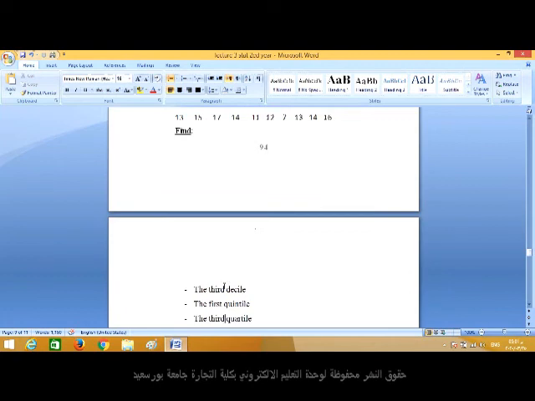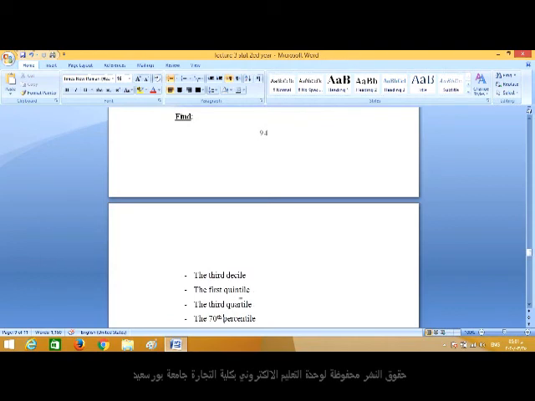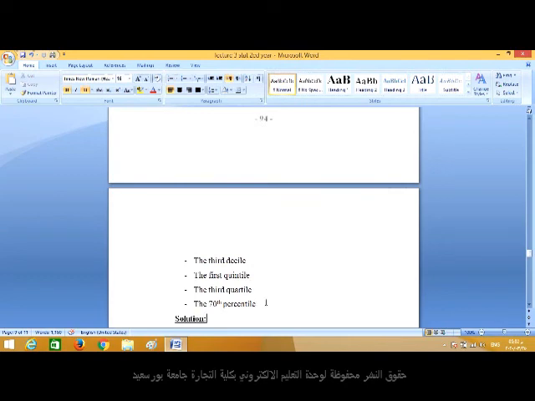The third decile, as we said, is the same as the 30th percentile. The first quintile is the 20th percentile, the third quartile equals the 75th percentile, and finally the 70th percentile. So we can transfer all of them to percentiles.